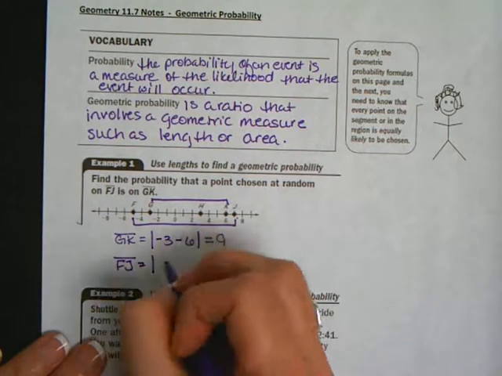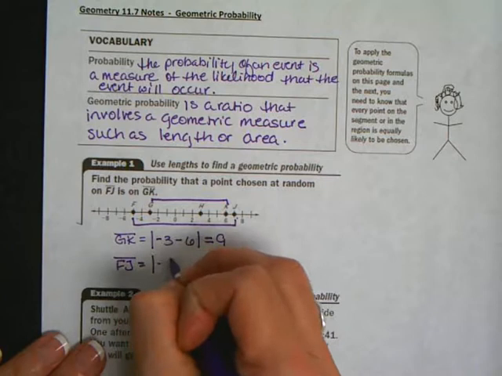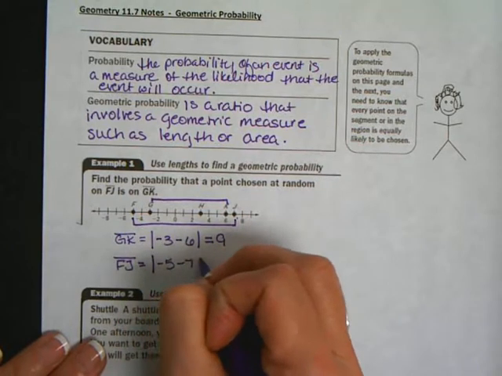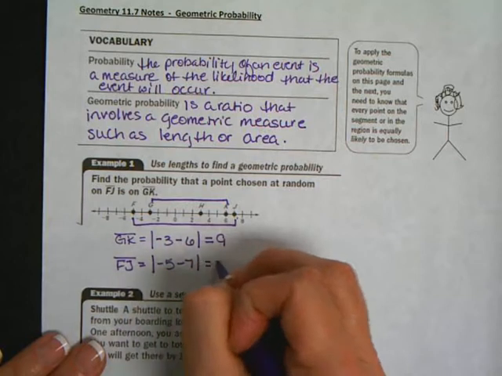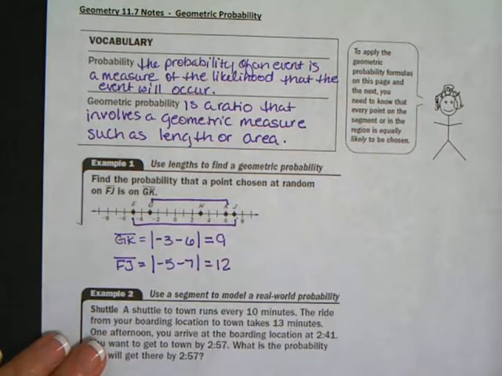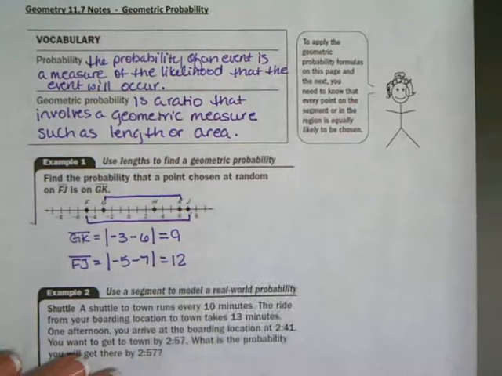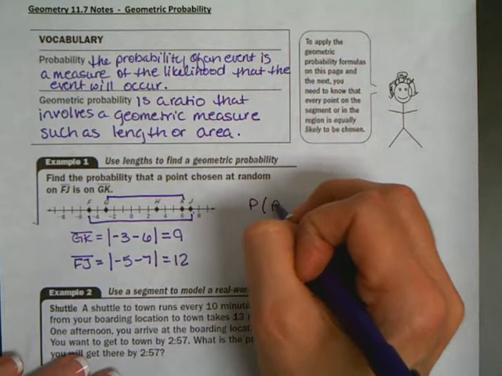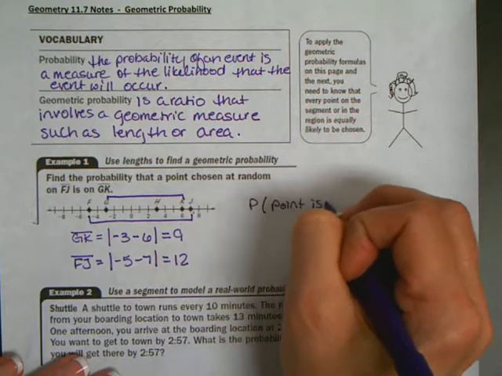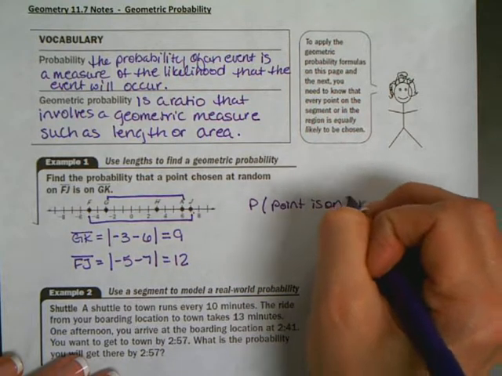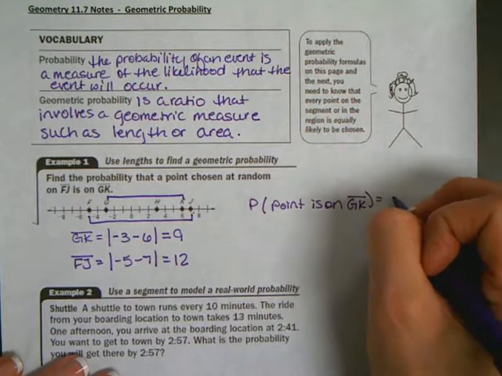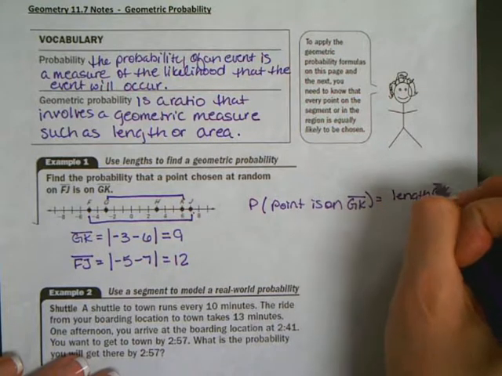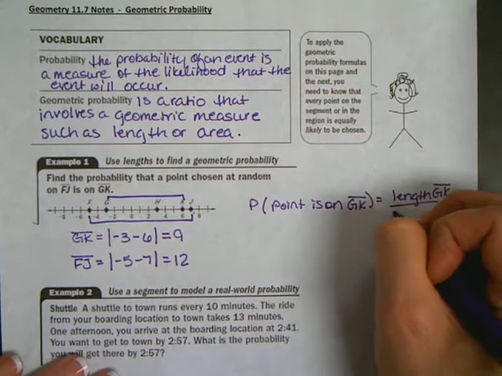So now the probability that a point is on segment GK is the ratio of the length of GK over the length of FJ. That is 9 to 12, because that's what we just found, which reduces down to 3/4.